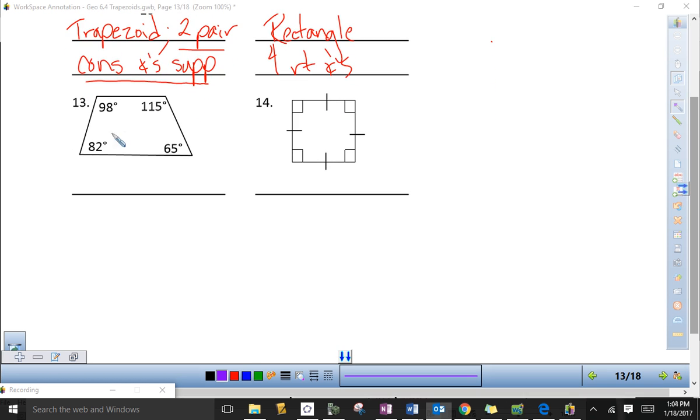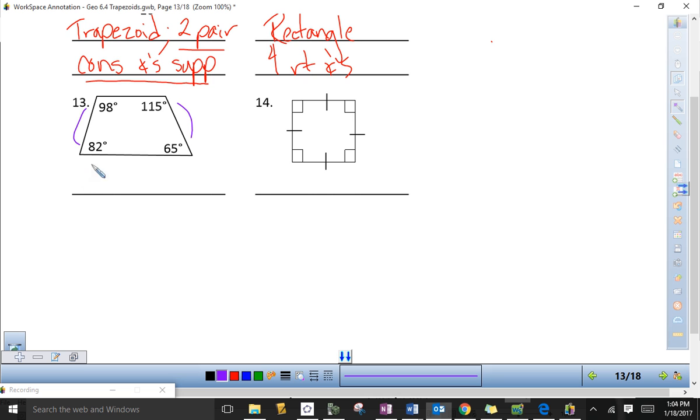Okay. On the next one here, again, we were dealing with angles. Those are supplementary. Since that's the case, we know that it is a trapezoid, but our top angles are not congruent, so we can't also call it isosceles.